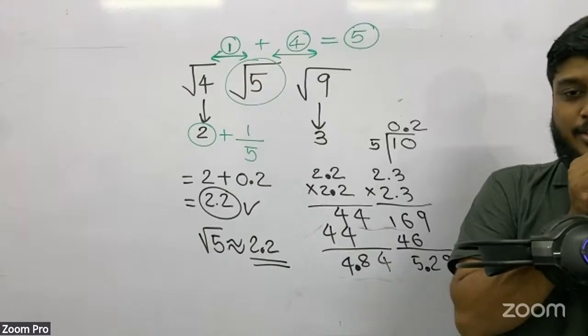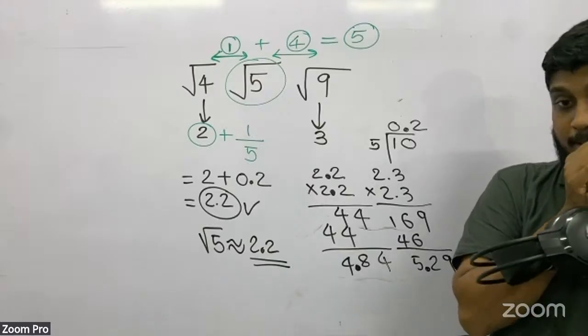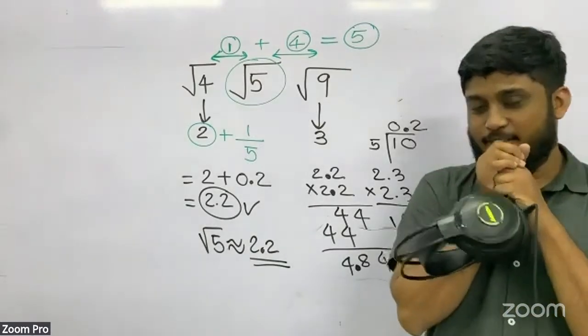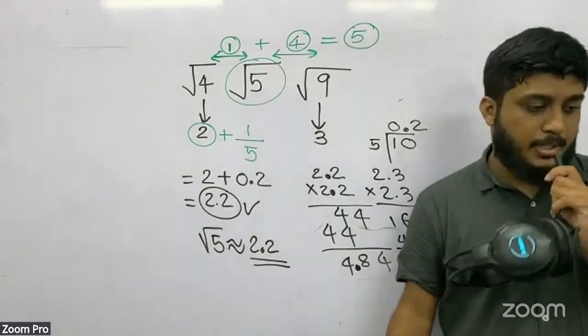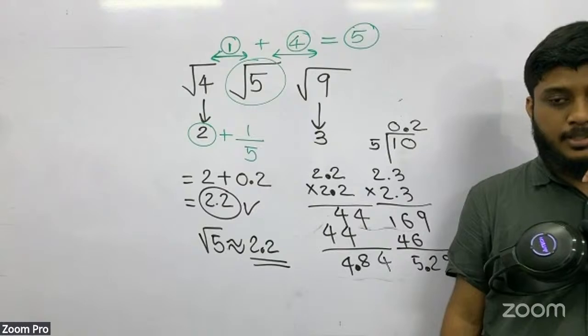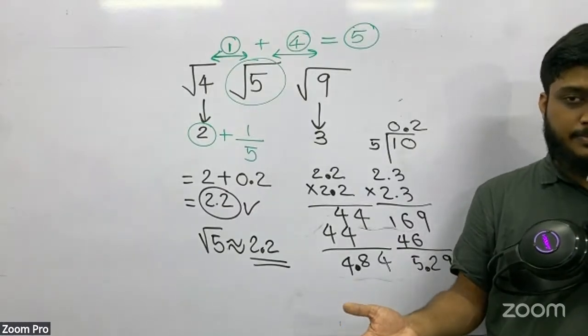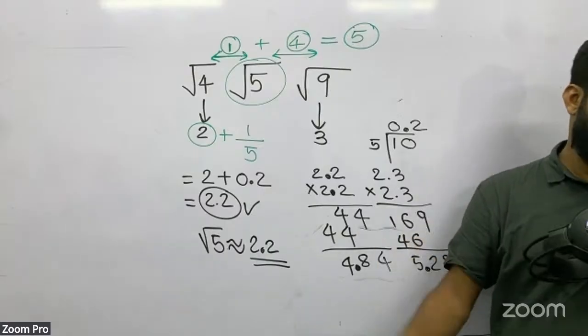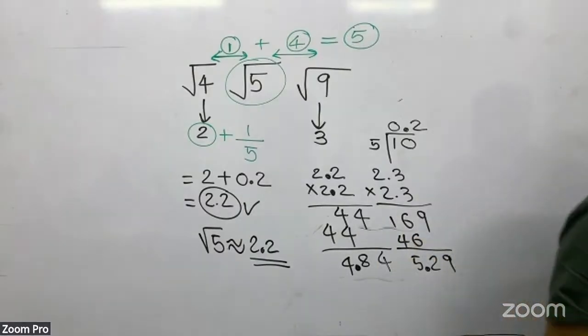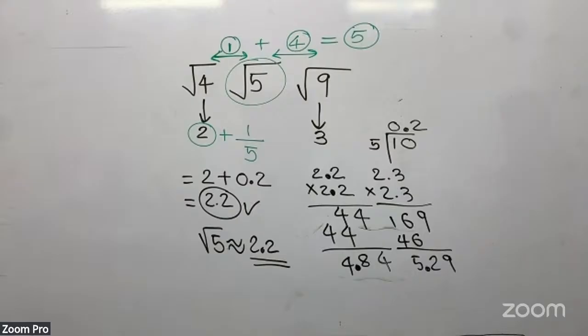You guys don't get scared of the division and multiplication, right? If you want, you can see the multiplication table and do the question, no problem. If you want, you can get the help of the multiplication table for the time being. After that, we'll practice the multiplication table. You have a multiplication table in your book. If you want, you can get help and do square root 8. Try that.